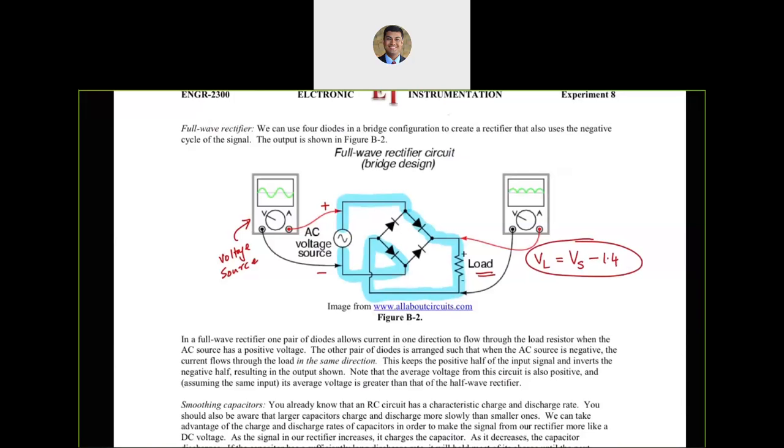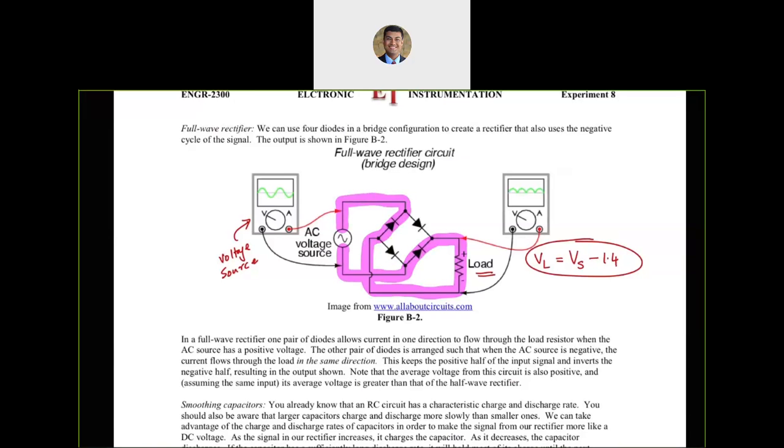What about when the AC voltage source gives us negative? Well, for that I'm simply going to erase whatever I had before, and I'm going to assume that there is a negative voltage being applied, and I'm going to again try to trace the direction of flow of current. So it starts with this guy, goes up to here, and at this point it's going to go through here, come back up through the load, come back down and back in.